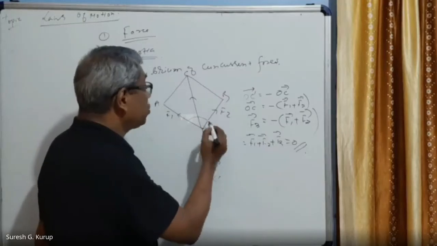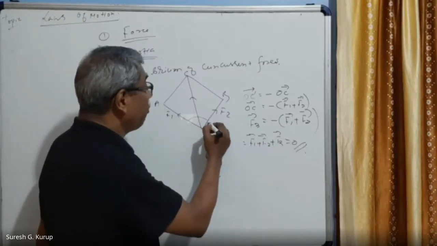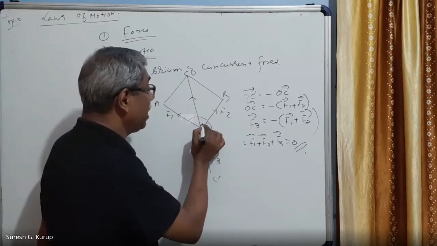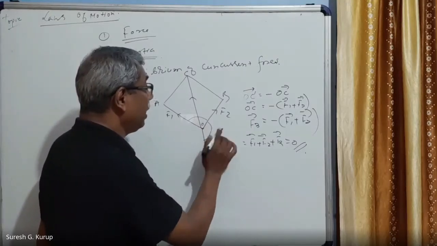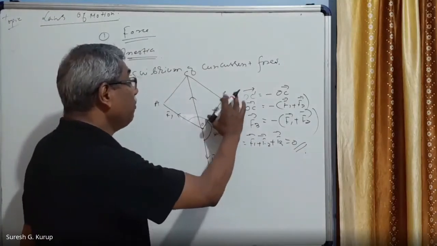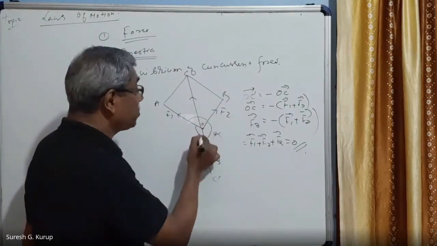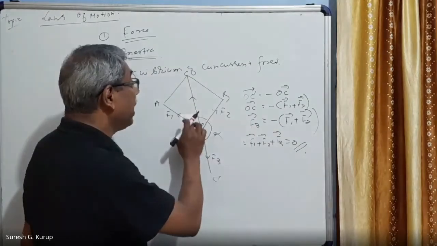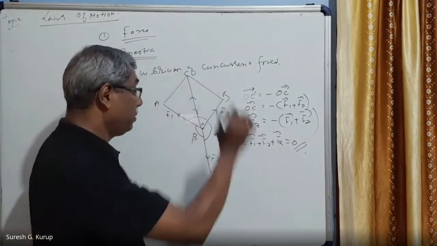Opposite to F1, between F2 and F3, suppose the angle is alpha. Angle is alpha, right? Okay. Again, leaving F2, the angle between the other two is equal to beta, right? And leaving F3, the angle between the other two is equal to gamma.